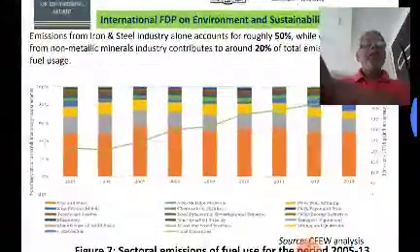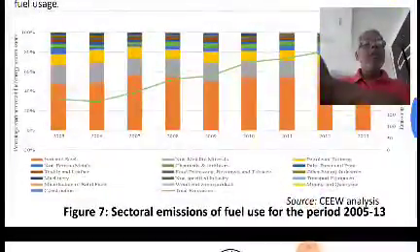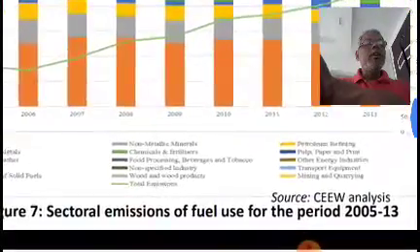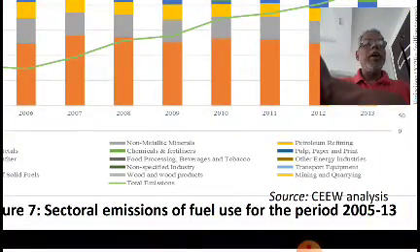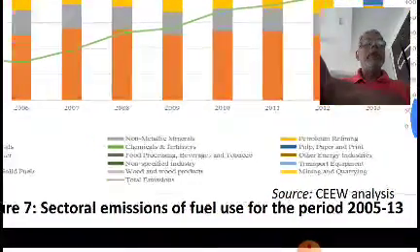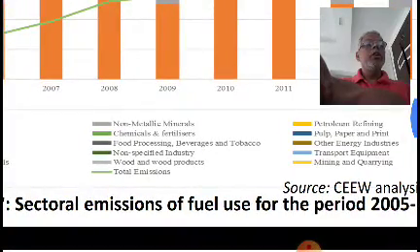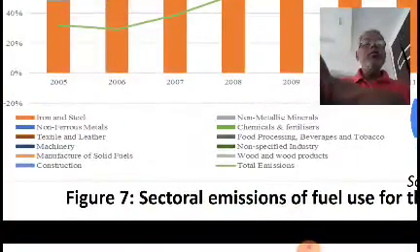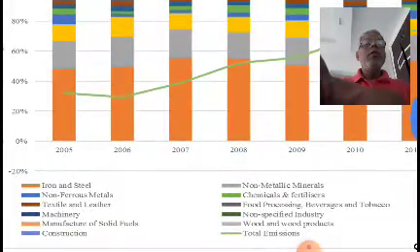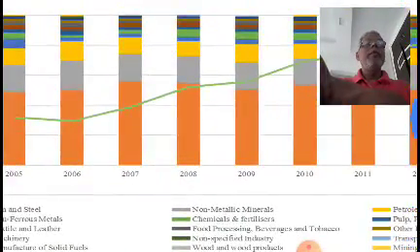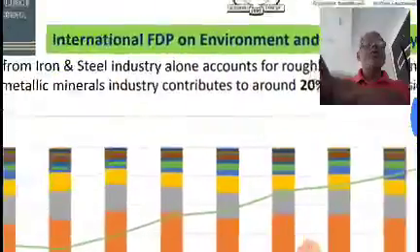Again in this slide, a number of different sectoral emissions are given from 2005 to 2013, and all this information is from the source CEEW analysis. So here also you can see almost 40 to 50% iron and steel production is dominant.